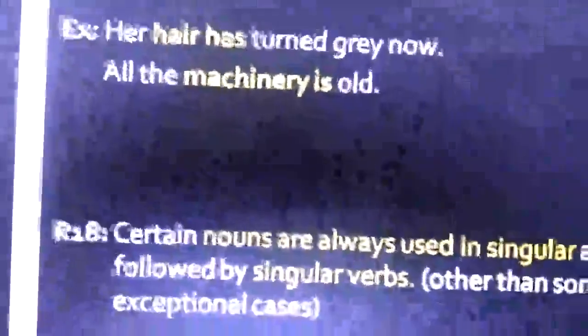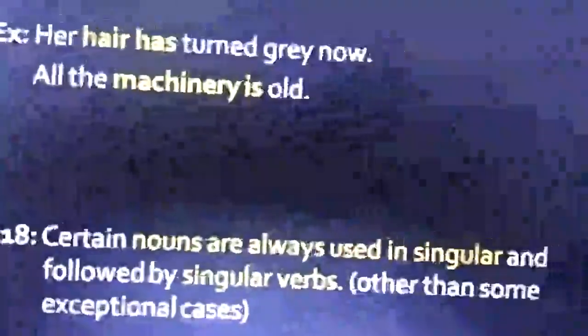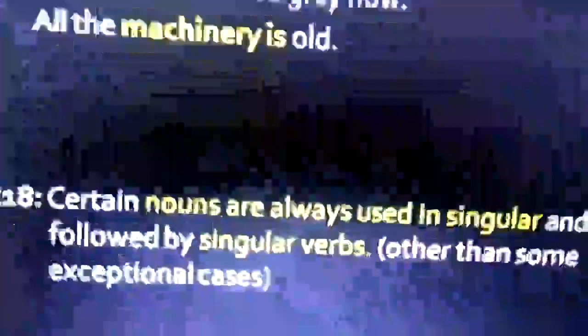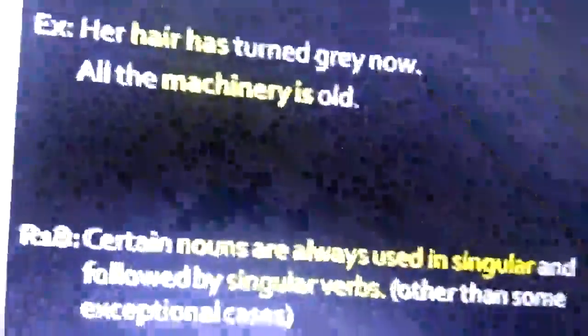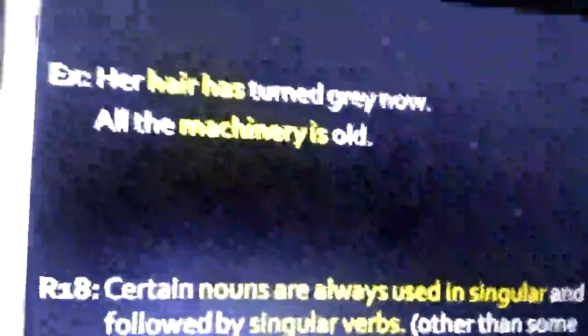Such nouns have to be followed by singular verbs only. In some exceptional cases, of course, we'll have a change, but it depends on the meaning of the sentence that we are constructing. As a rule, what we have to remember is such nouns have to be always followed by a singular verb.